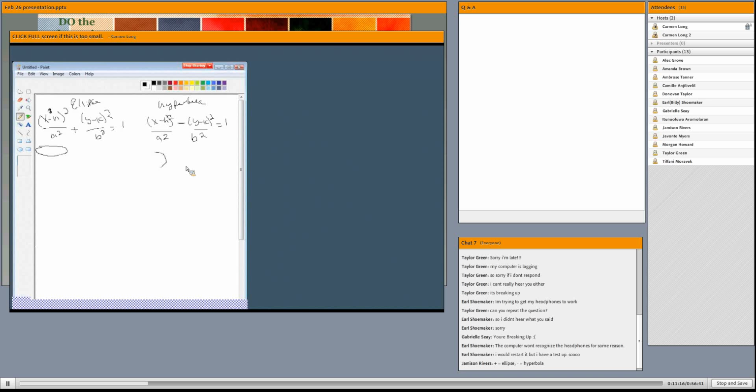The hyperbola one that goes the other way. And this ellipse, the y is first, so it goes like this. Varieties of those formulas.